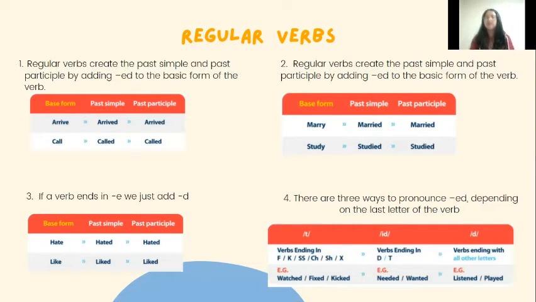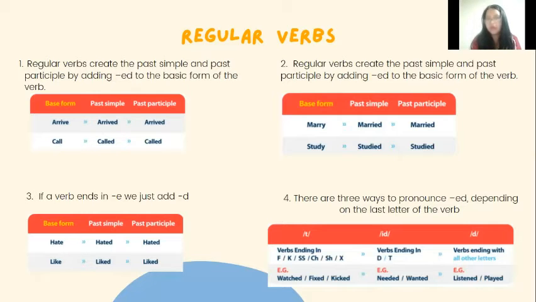For example, marry, past simple married, past participle married. Number 3, if a verb ends in e, we add d. Hate, hated, hated.